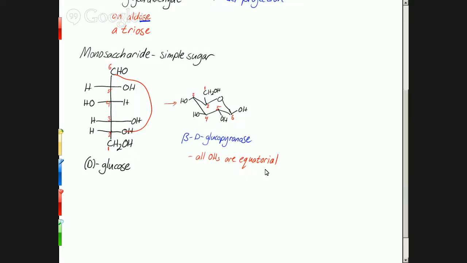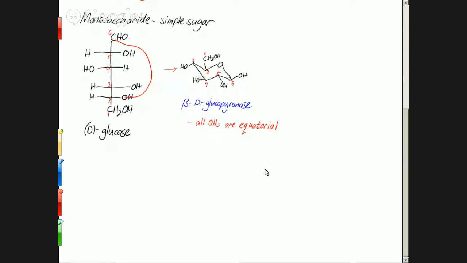So let's talk about some other sugars that we might know. Sucrose.